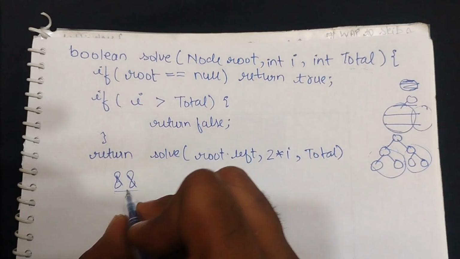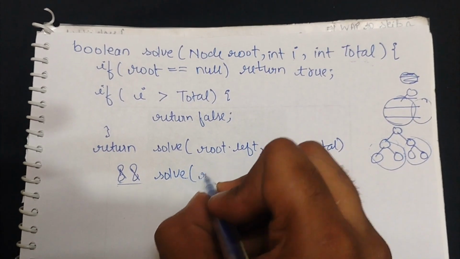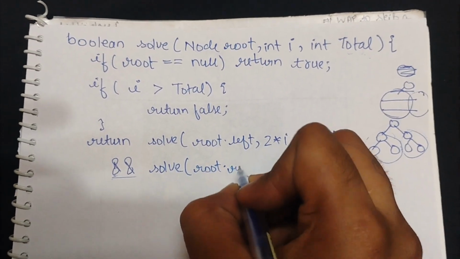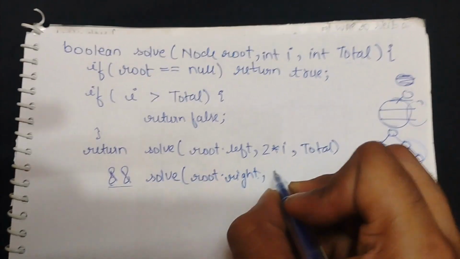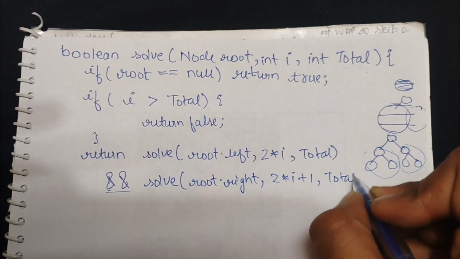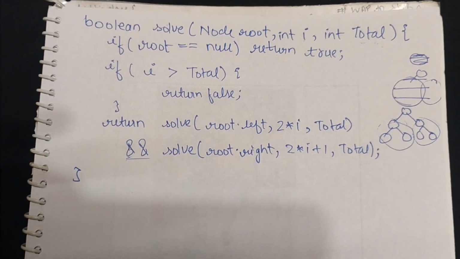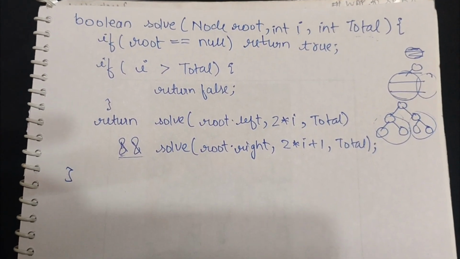That is why I wrote and return solve root dot right. For the right child we store it at 2 into i plus 1 and total remains the same. So that's it. This is the entire code for DFS of this problem.